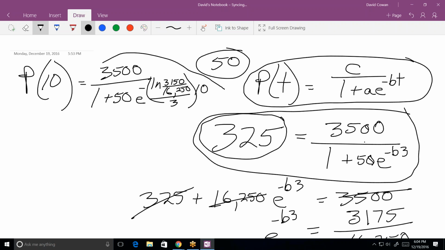Whatever that number gives you is your population after 10 years.